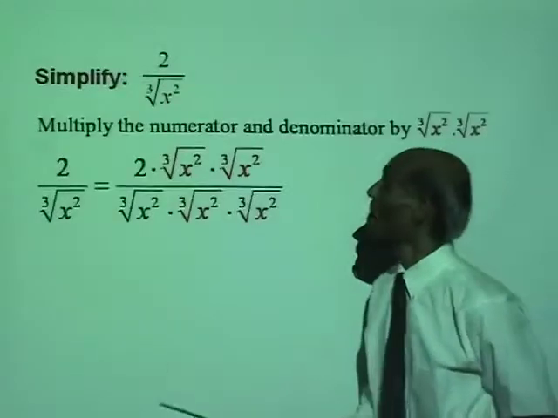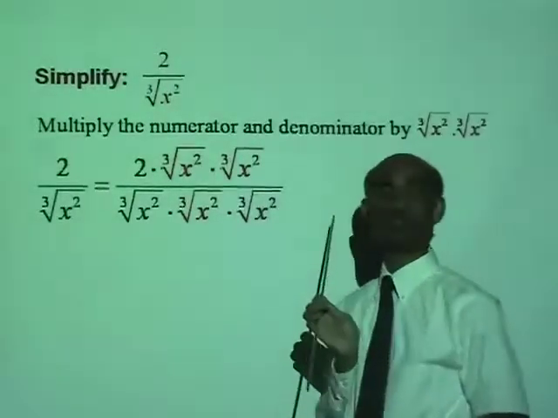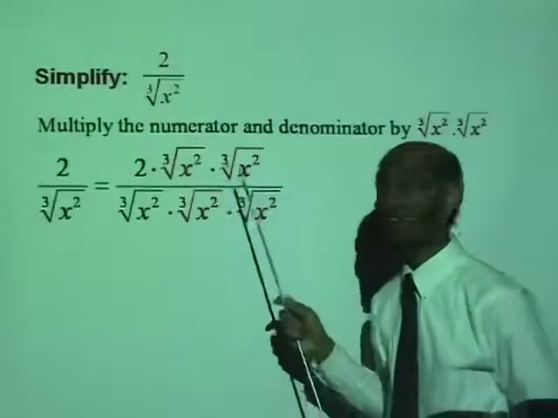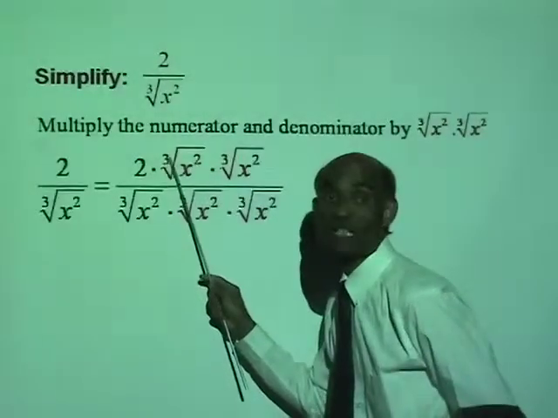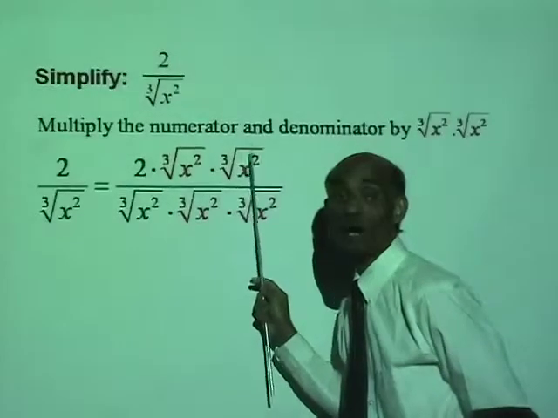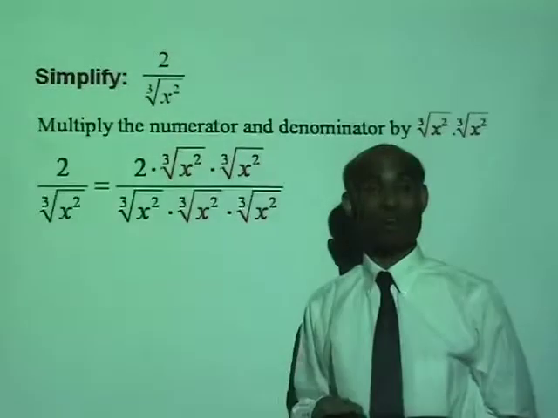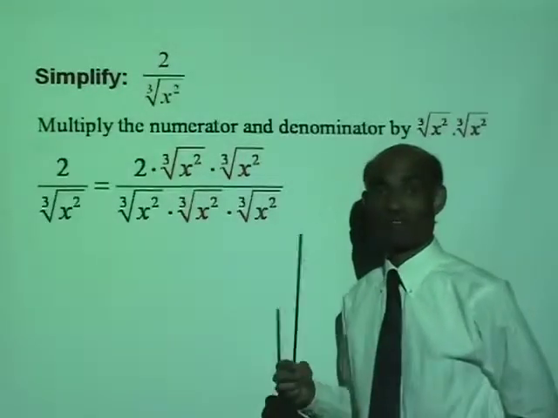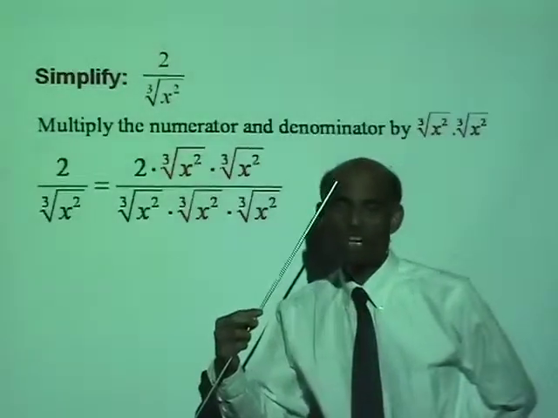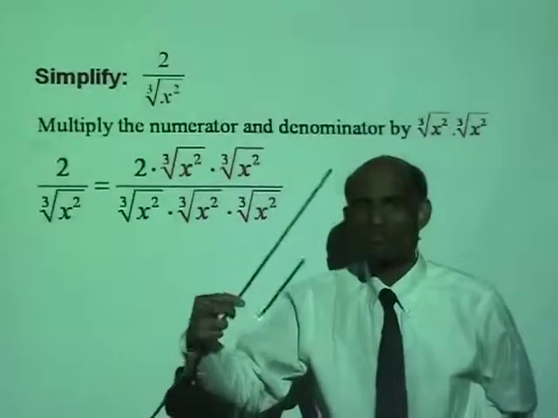Okay, what is our numerator? Is it possible to simplify the numerator? Yes. The numerator, cube root x squared times cube root x squared, is cube root of x squared times x squared. Well, I want you to use your little thinking in here. That's why I'm not writing it down. I want you to think.